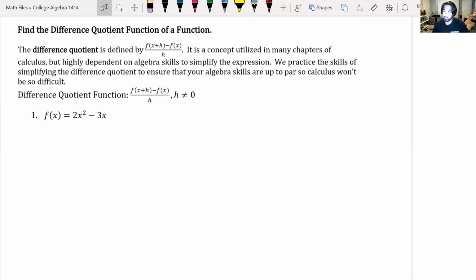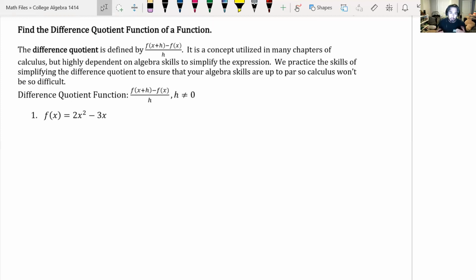So the derivative can find the slope of any function at any given value of x, but that's not till you get to calculus. So for now, we do the difference quotient. We struggle through all this algebra, so when we get to calculus, we can do these blindfolded, no problem, no issue. So let's get through the algebra parts.